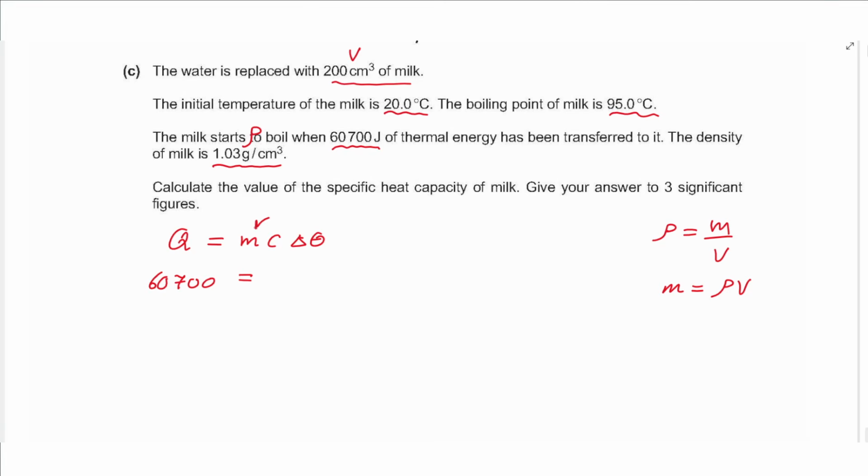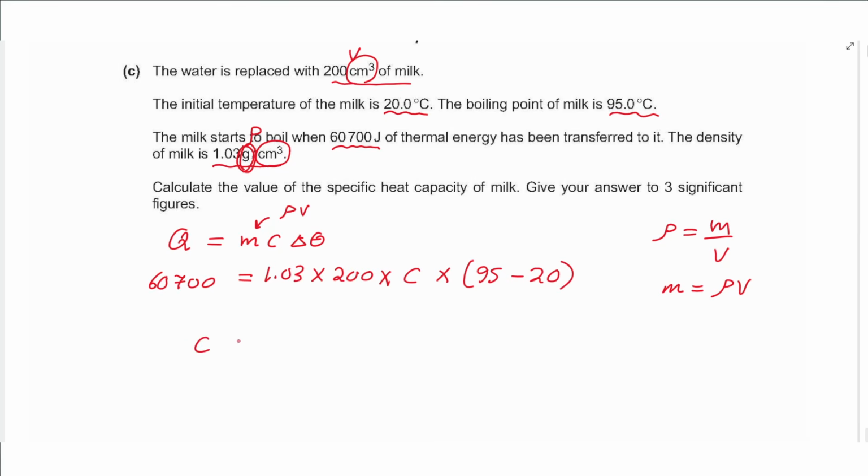So we will replace mass with density times volume, which is 1.03 times 200, and the volume is in centimeter cubed, same as this density, and we would use the unit for mass as grams. Then we multiply by C and multiply by delta theta, which is 95 minus 20.